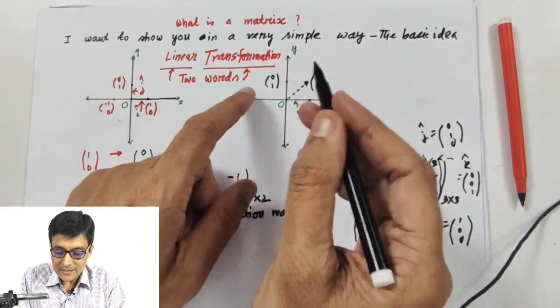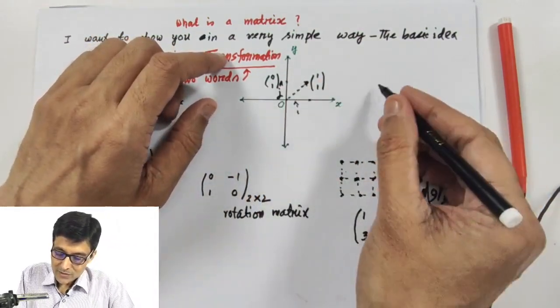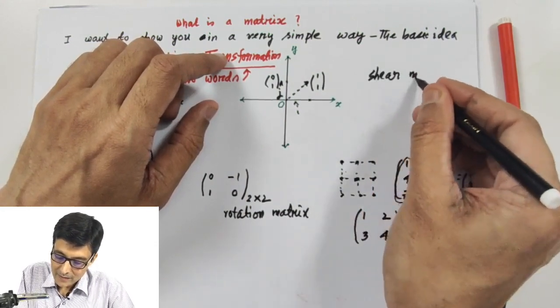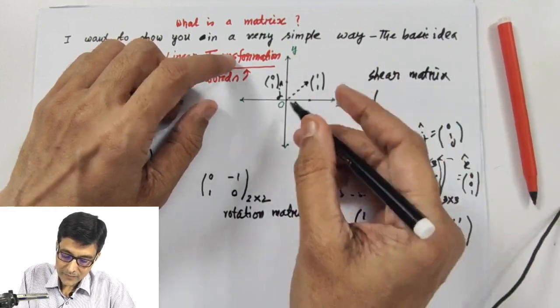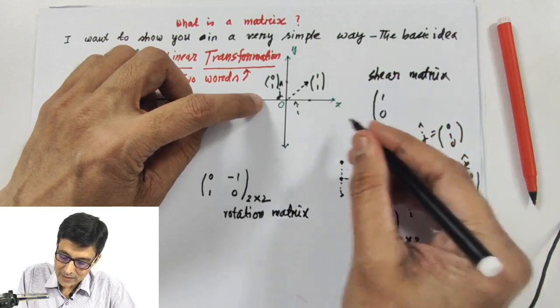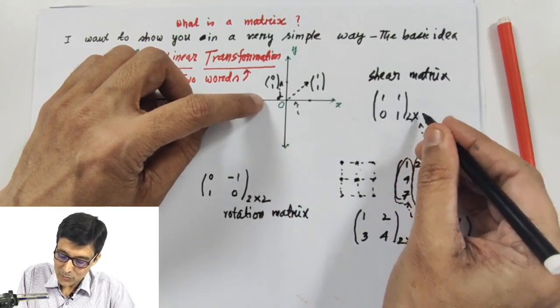You just consider these two vectors, where do they go? So the corresponding shear matrix will be: i remains at i, so this is 1, 0, and j goes to 1, 1. So this is another 2 by 2 matrix.